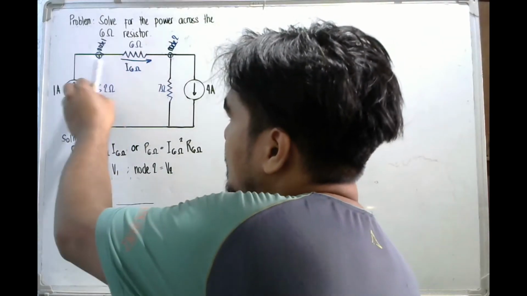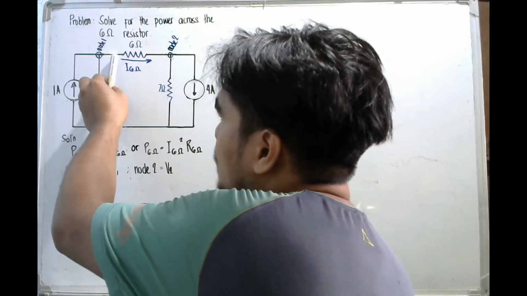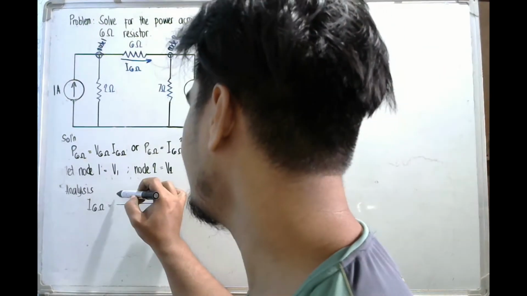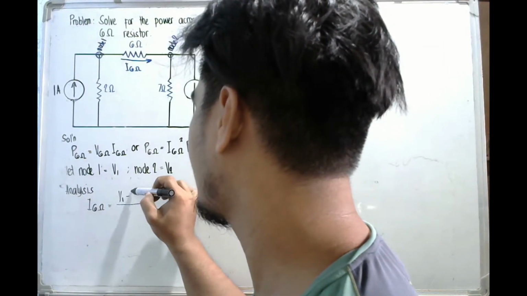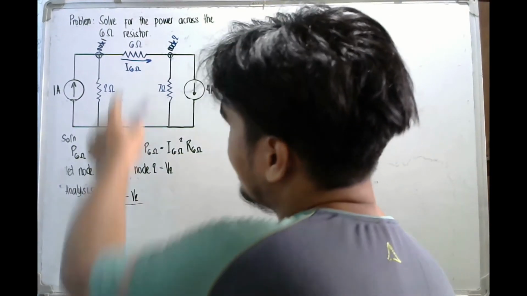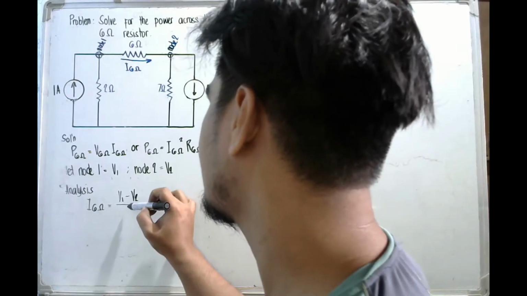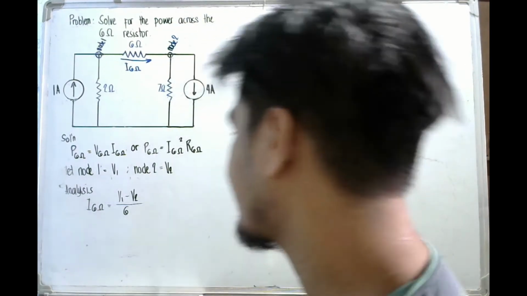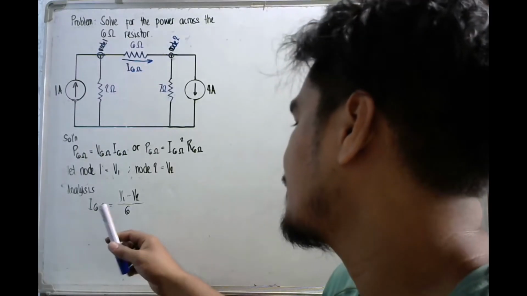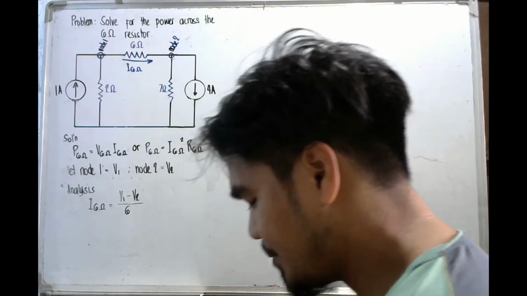So at node 1 that would be V1, and this would be your V2. So you have V1 minus V2 divided by the resistance, which is 6 ohms. So this would be your current. So let's find the values for your V1 and V2.